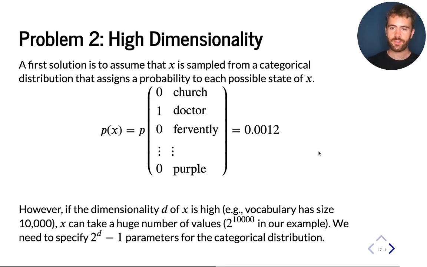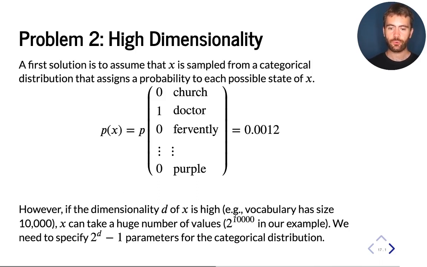Now, this also has a problem in that if the dimensionality of our vector is really large, so imagine that we have a vocabulary of 10,000 words, then the number of possible values that x can take is 2 to the power 10,000, which is a really big number.